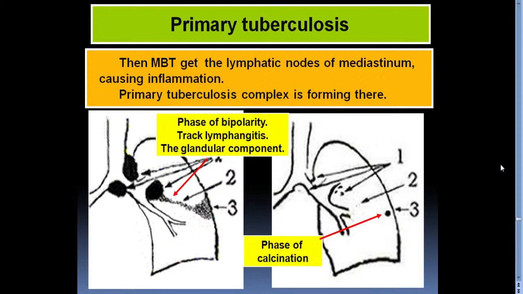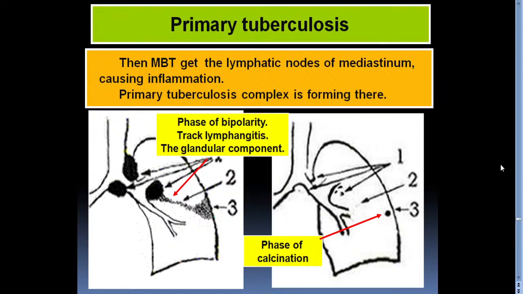First picture, phase of bipolarity. We can see all three components of the complex. Pulmonary inflammation in the lung, lymphangitis, and inflammation in the lung root. That's why the lymph nodes of the lung root are affected.